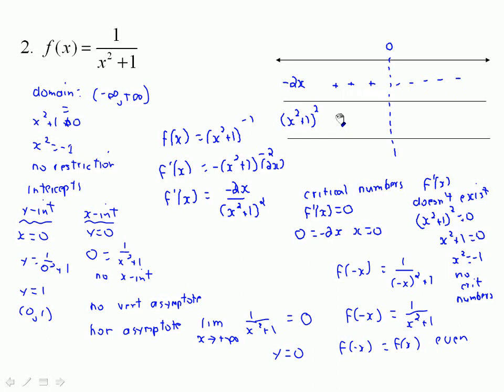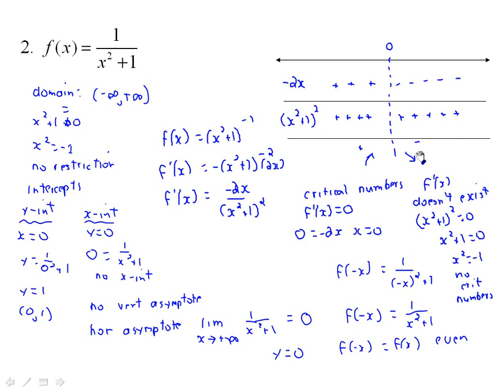And then (x squared plus 1) to the 2 is positive everywhere. So it's positive here, it's negative there. So the graph is increasing, the graph is decreasing there. So we do have a local max at x is equal to 0.